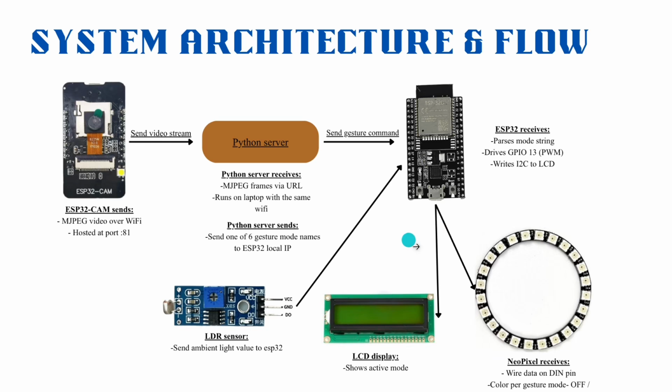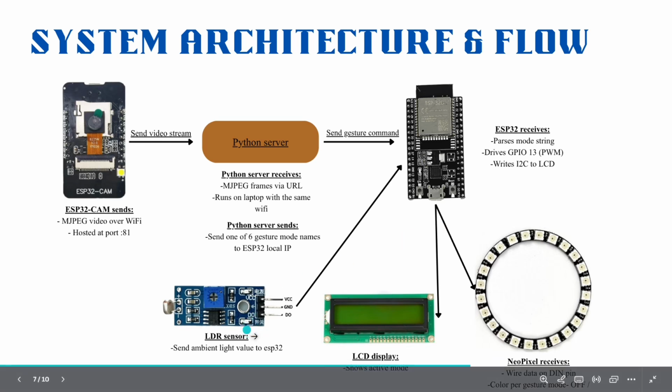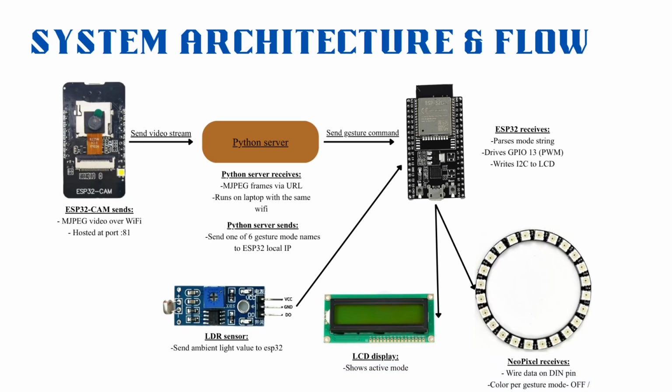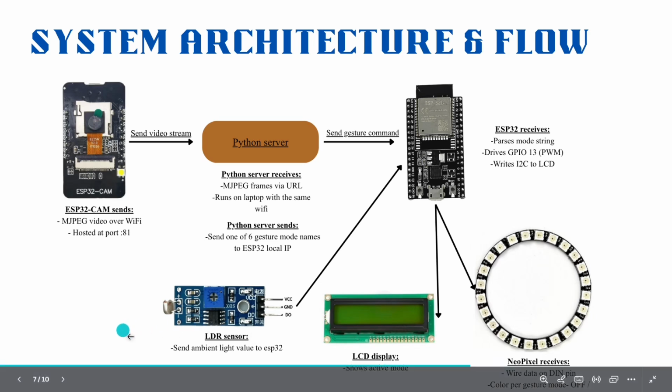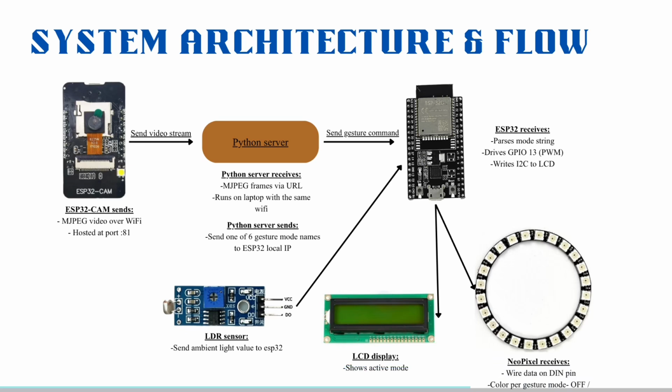And last but not least, the LDR sensor. The LDR sensor acts as an intelligent auto-brightness feature. It is connected to a divider circuit on GPIO 34 of the ESP32, and every 5 seconds the ESP32 reads an analog value between 0 and 4095, where 0 means complete darkness and 4095 means very bright.